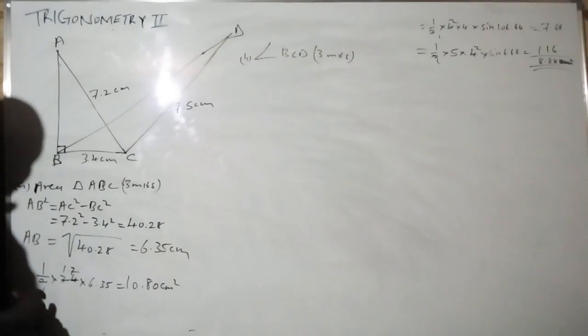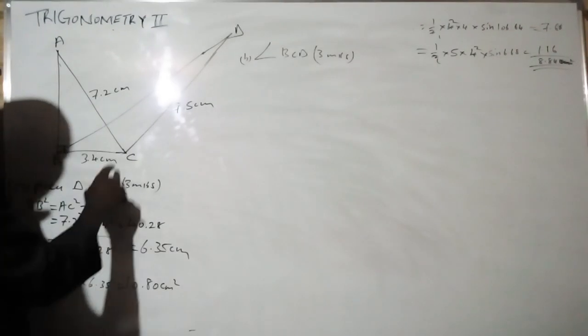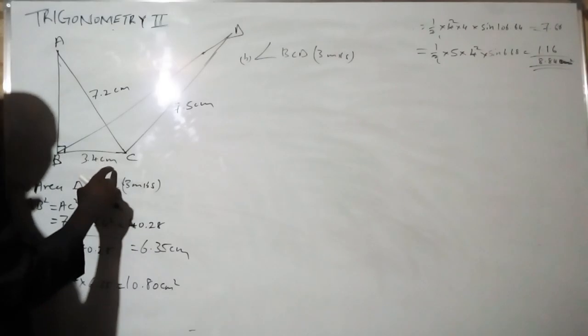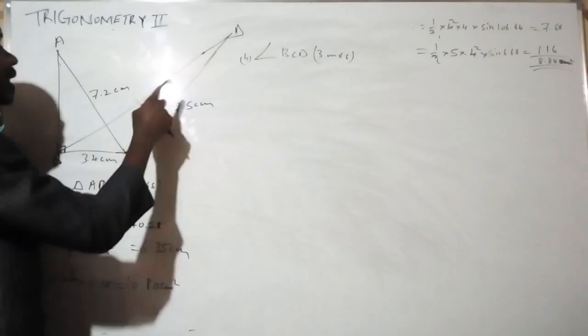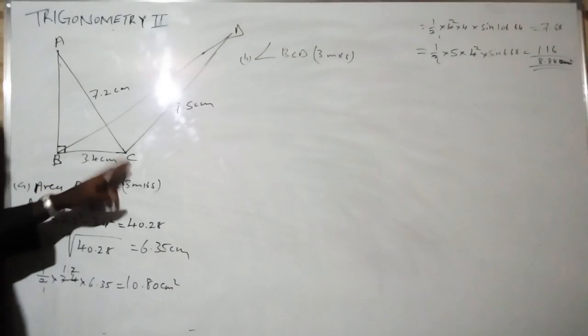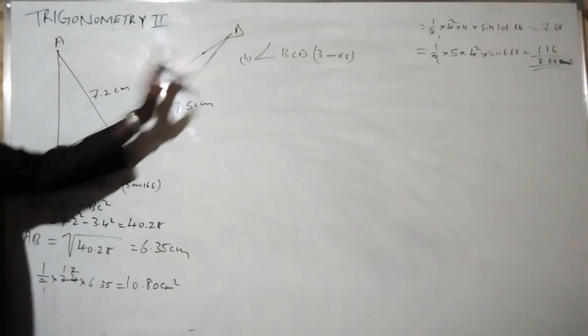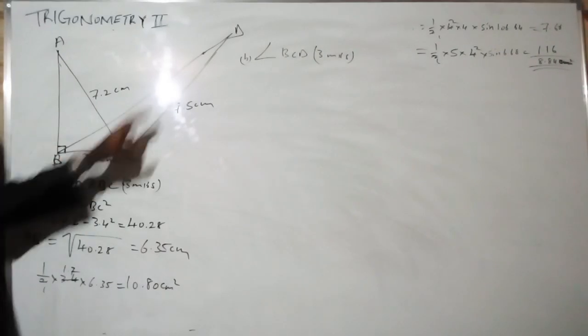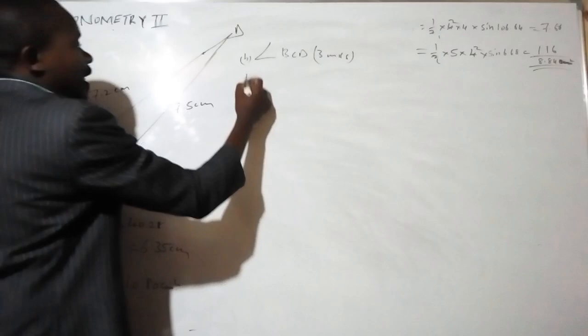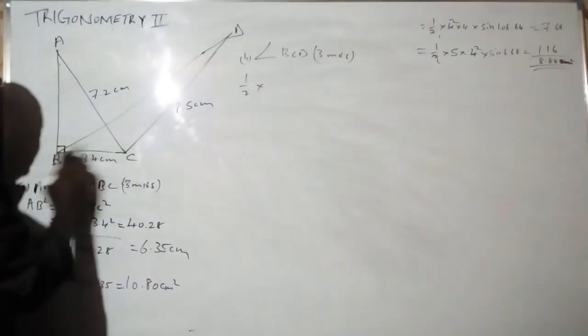What we are going to do: we have triangle BCD, and you've been told that the area of ABC is supposed to be equal to that of BCD. Therefore, they want us to get angle BCD. This is how we are going to do it.